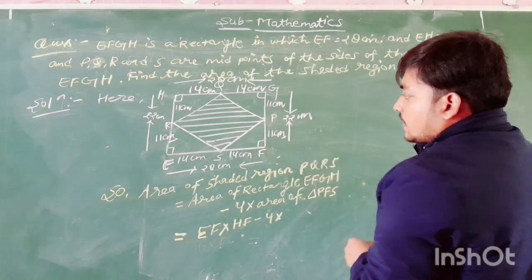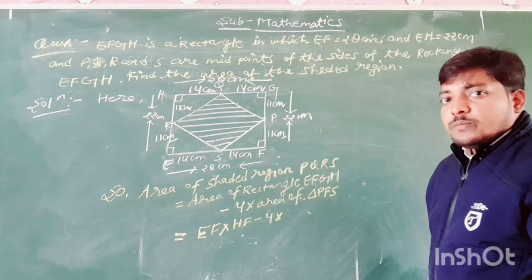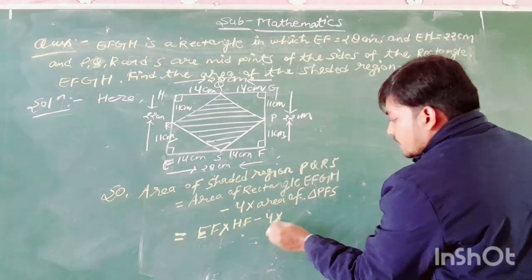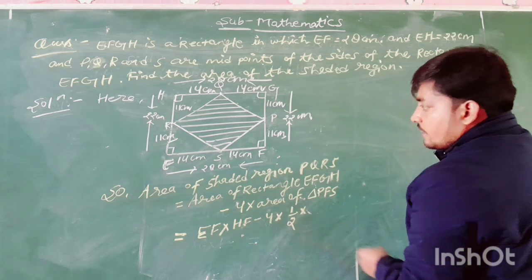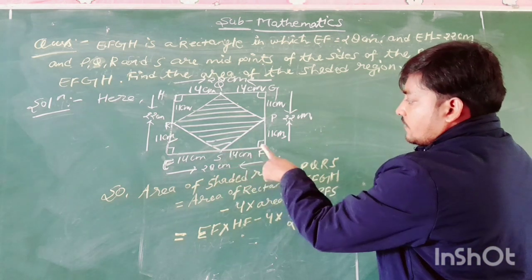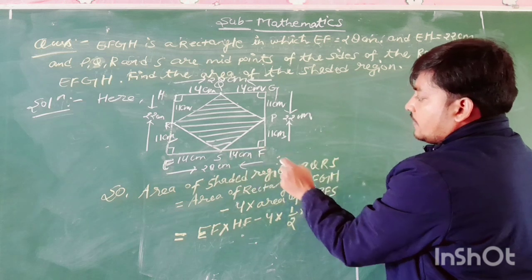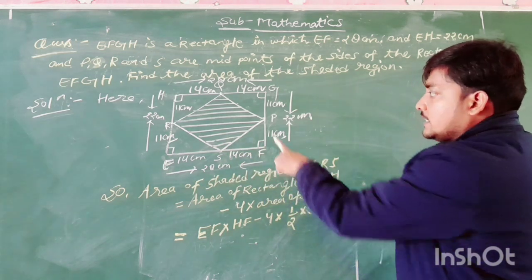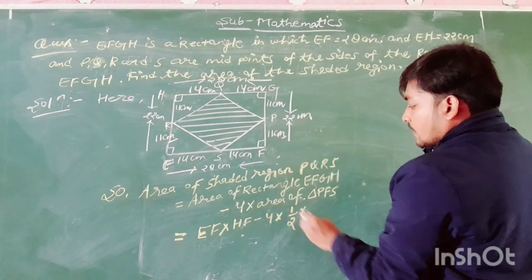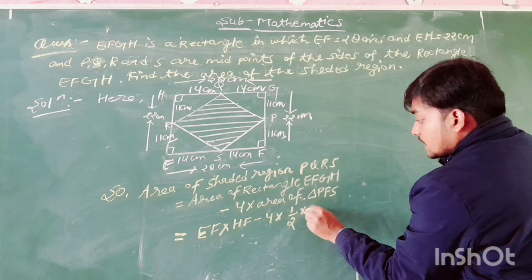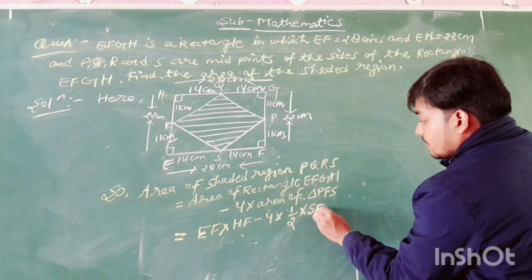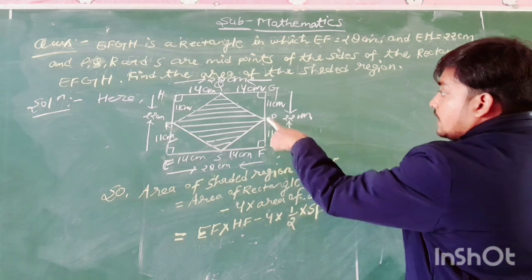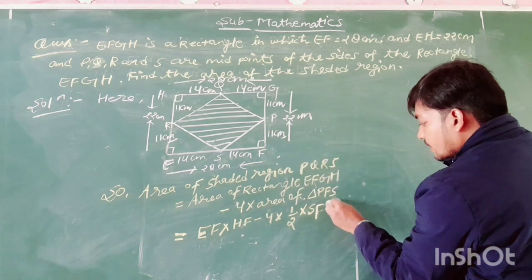As we know, area of a triangle is 1 by 2 base into height. So 4 into 1 by 2, if we consider base is SF, then its respective height is PF.